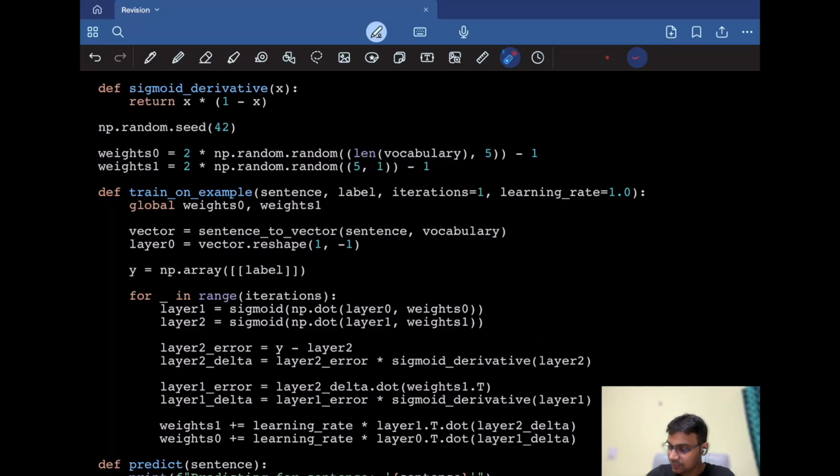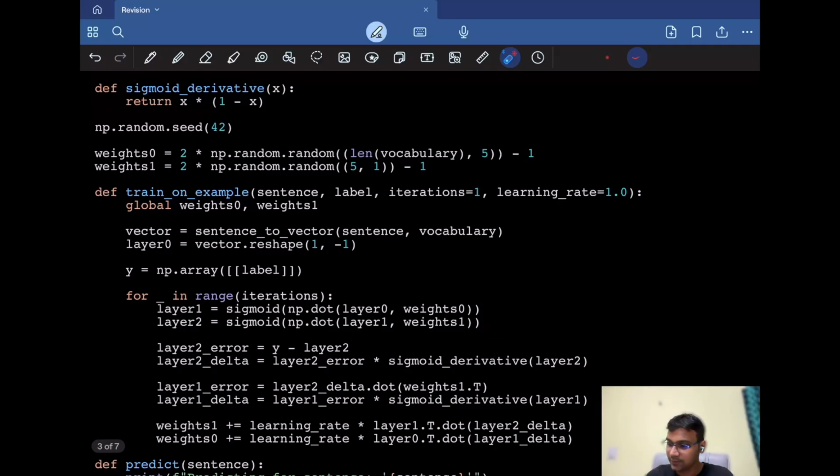To get layer 2, we use layer 1 and multiply it by the weights. We will see this at the time of the dry run.